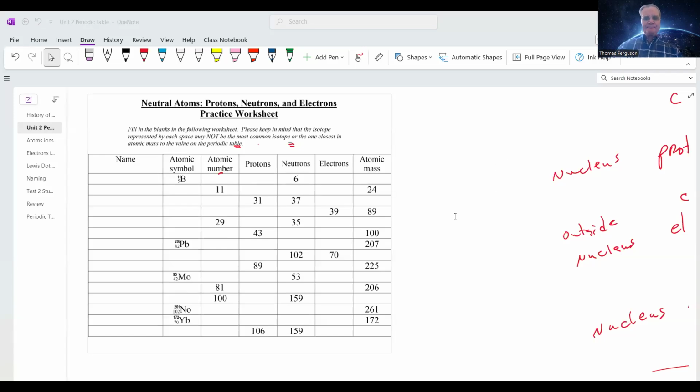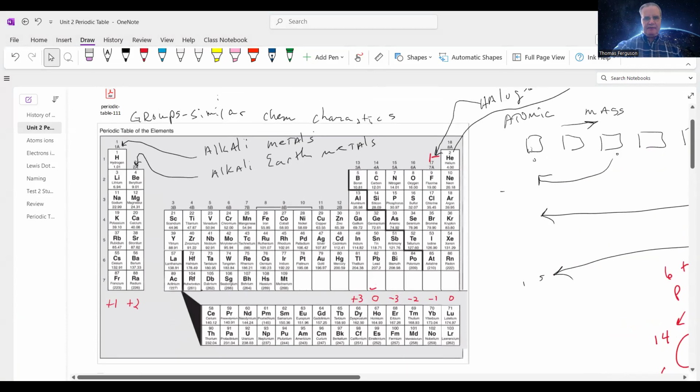Okay, I'm going to backtrack a little bit so that you have everything I put up there.